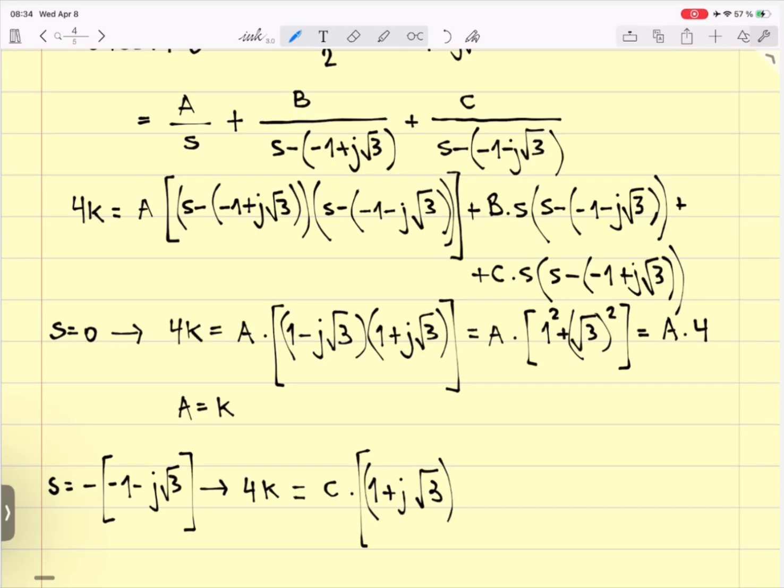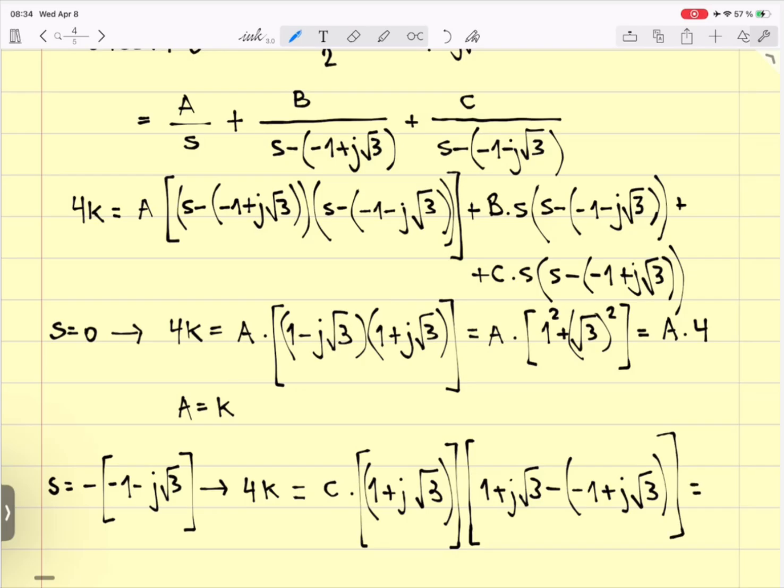This is s, and then times (s minus 1 plus j square root of 3).